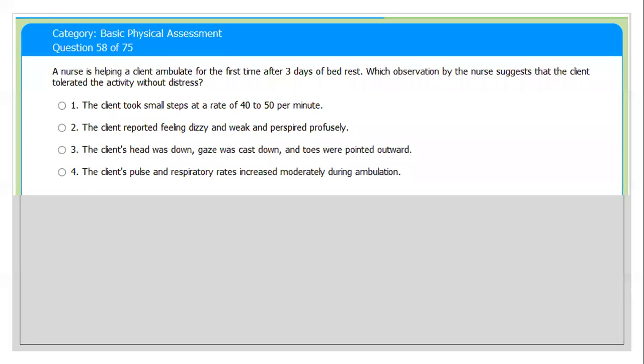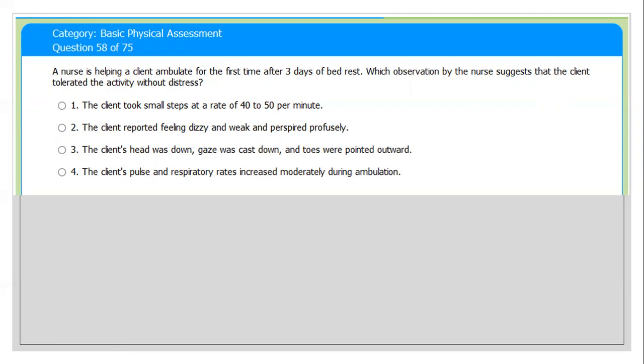Next question. A nurse is helping a client ambulate for the first time after 3 days of bed rest. Which observation by the nurse suggests that the client tolerated the activity without distress?